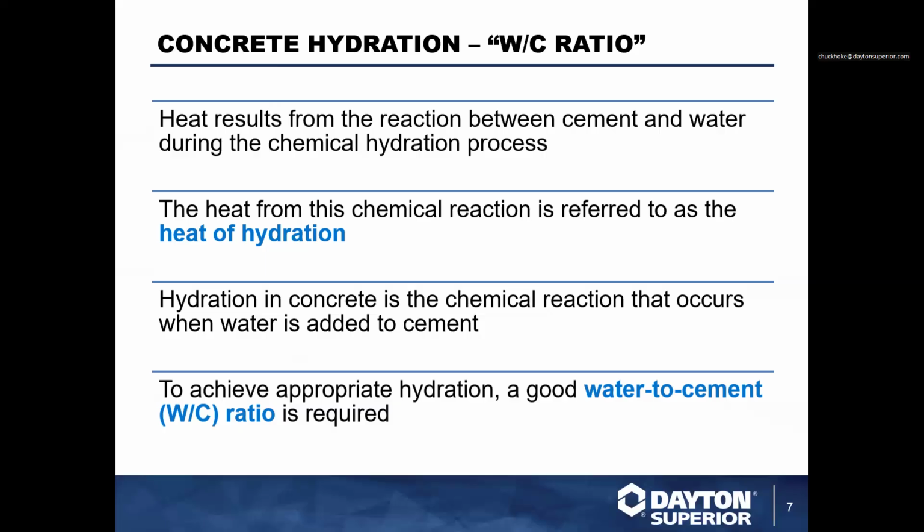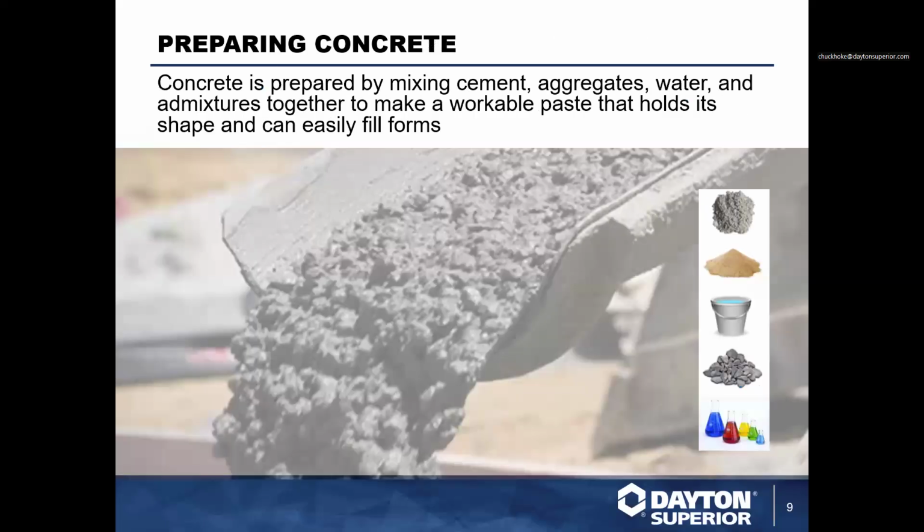Now, to achieve appropriate hydration, a good water cement ratio is required. Now, that ratio is typically put in place here so that you know how thick you want the concrete, how well you want it to flow, how fast you want it to set up, how slow you want it to set up. You have to understand concrete is a component piece.